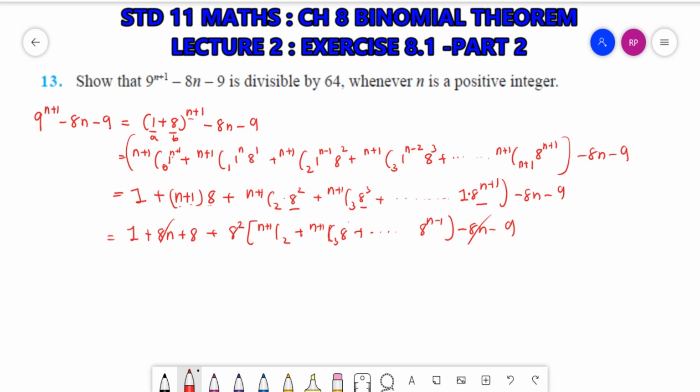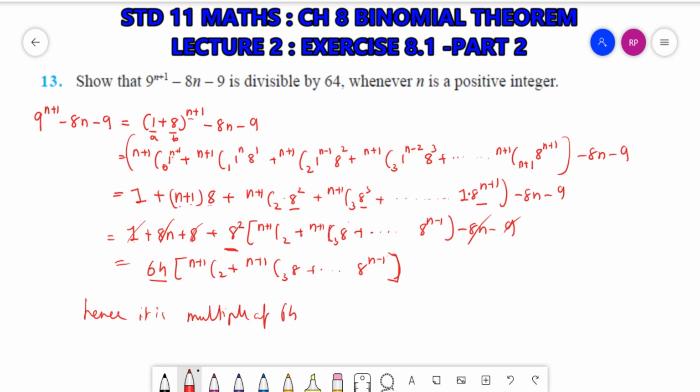Okay, so 1 plus 8 minus 9. So 1 plus 8, that is 9, and minus 9, cancels. So 8 square is common here. So 64 into (n+1)C2 plus (n+1)C3 8 up to 8^(n−1). Okay, so I can say that it is a multiple of 64. Hence it is a multiple of 64.